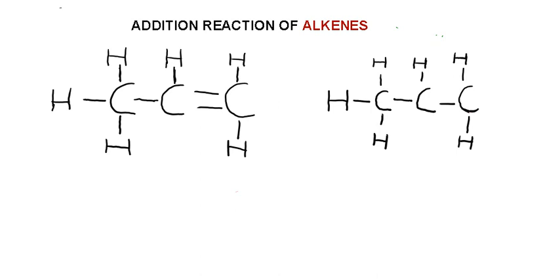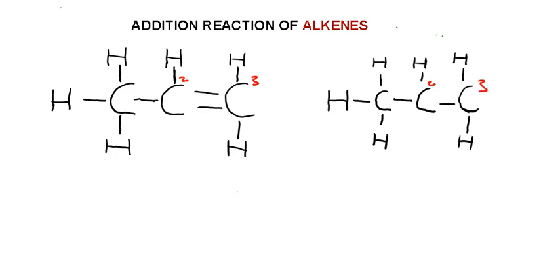Because when this double bond between carbon number 2 and carbon number 3 opens up, one bond will remain as a single bond between carbon number 2 and carbon number 3.